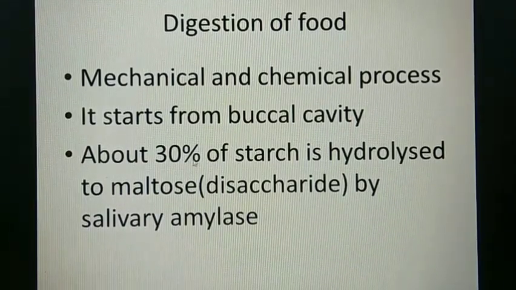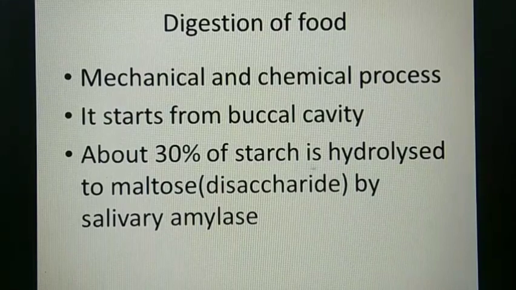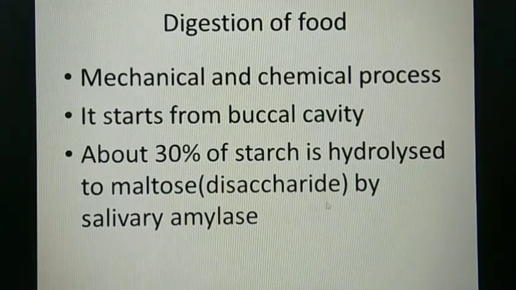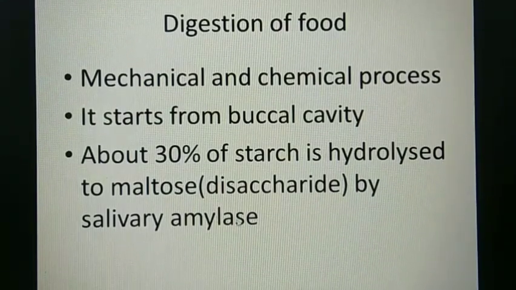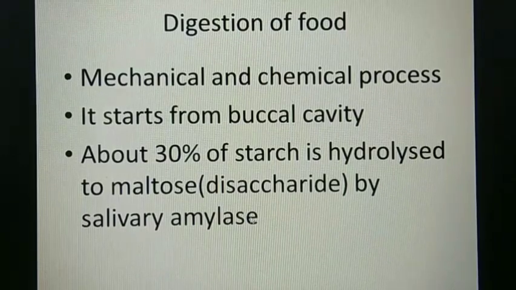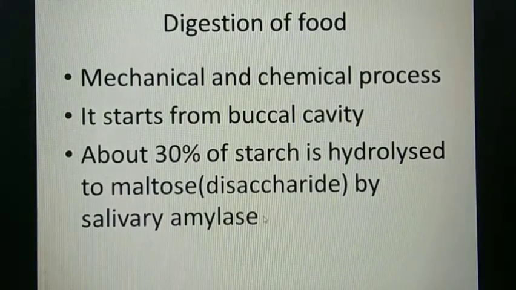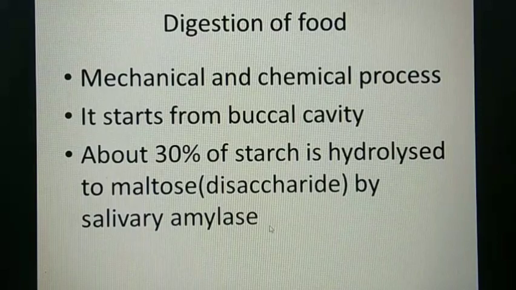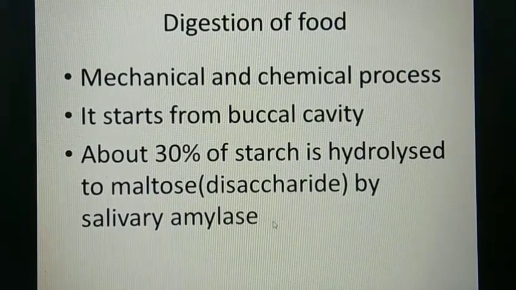So almost 30% of the starch is digested to maltose by salivary amylase. That is the reason why we should chew properly the food when we eat, so that 30% digestion should take place inside the mouth. Otherwise there will be overburden for the rest of the digestive system.